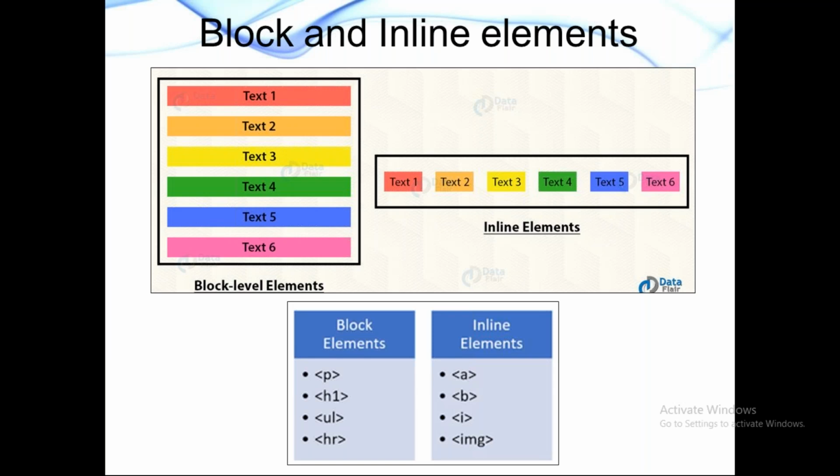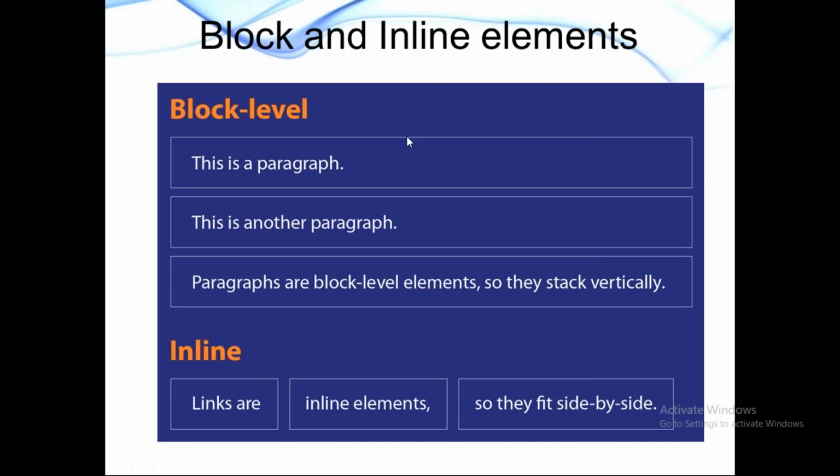Now when you consider the paragraph and heading tags, these are block elements, and inline elements examples can be images, then your anchor tag, and all your formatting tags like bold, italic. These are inline elements. As I explained, when you use any paragraph tag, it will occupy the entire width of the web page.